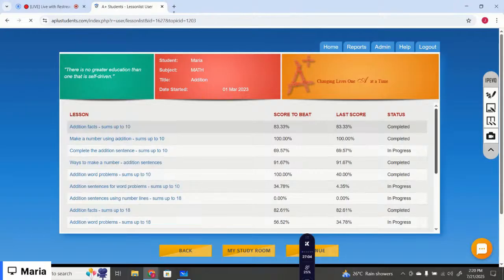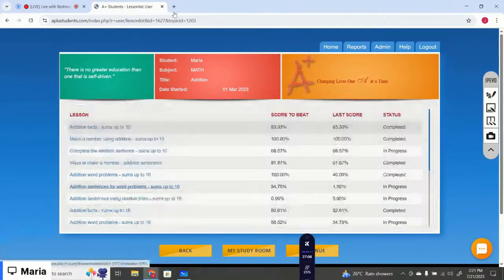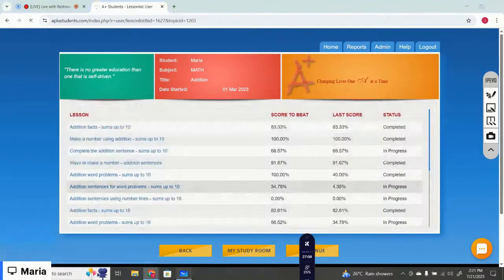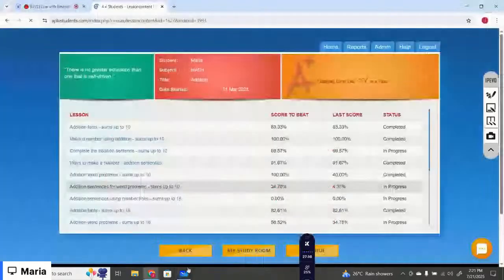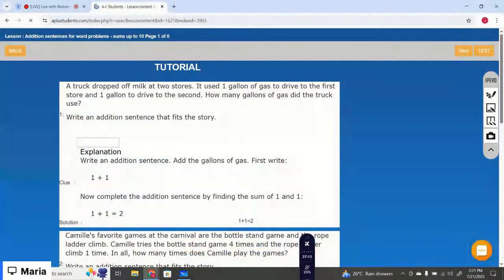The next lesson is addition sentences for word problem sums up to 10. A truck dropped off milk at two stores. It used 1 gallon of gas to drive to the first store and 1 gallon to drive to the second. How many gallons of gas did the truck use?